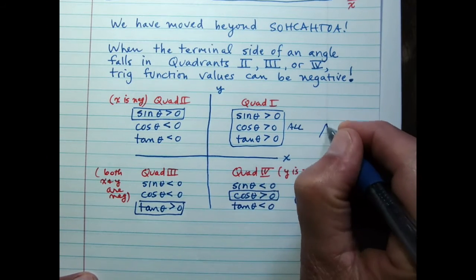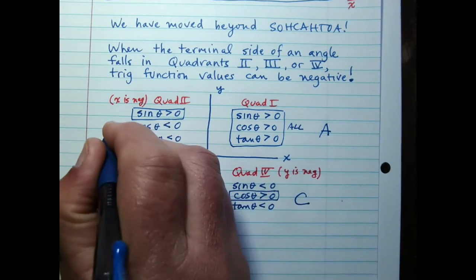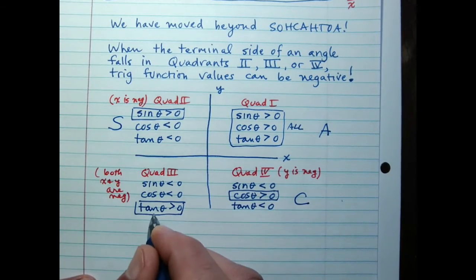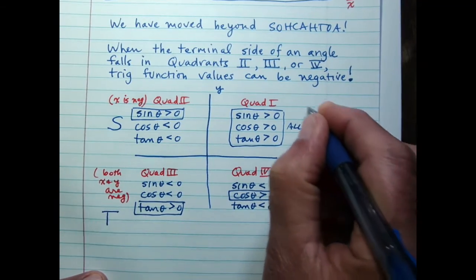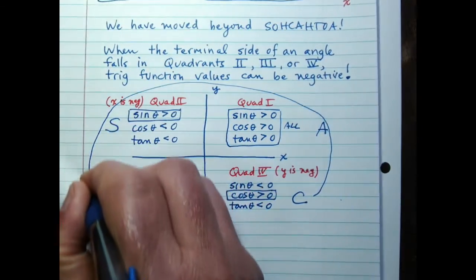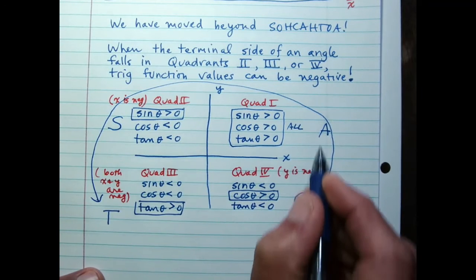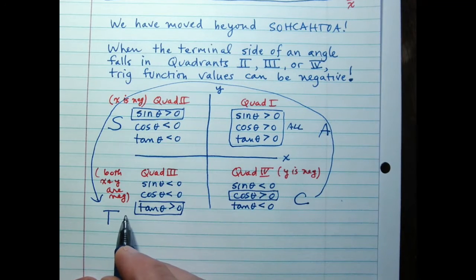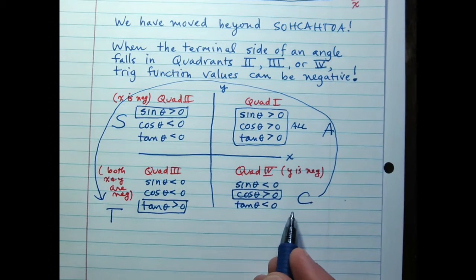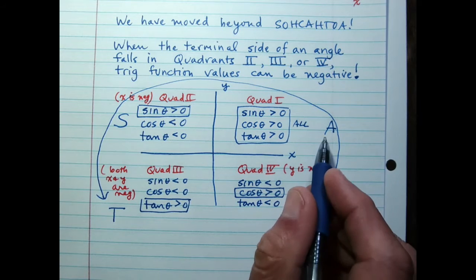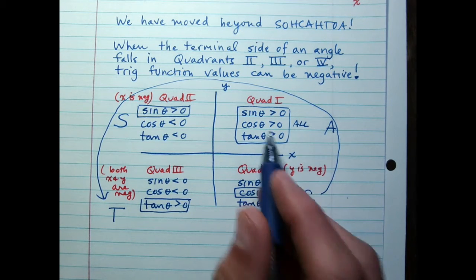All, I'm going to write an A. Sine, an S. Tangent, a T. So sometimes people go around this way and think C-A-S-T to help them remember where the trig functions are positive and negative. You got to remember to start in quadrant 4 if you're going to use this CAST thing and get that A for All in quadrant 1.